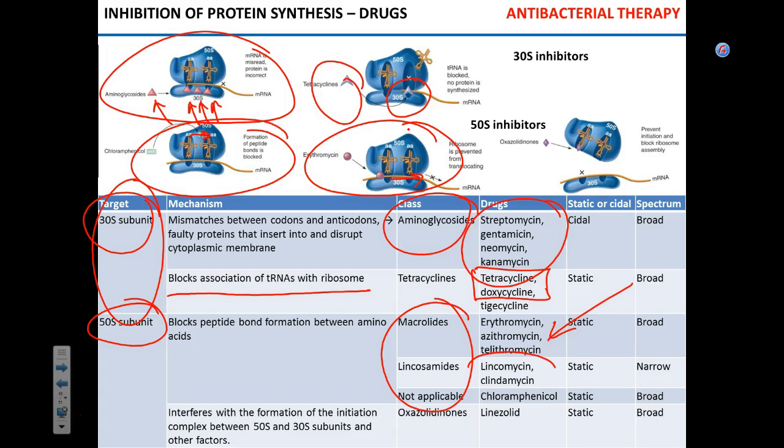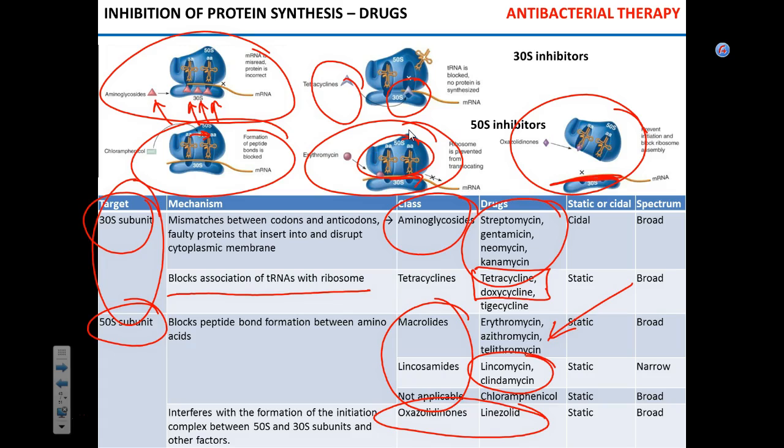Okay, lincomycin and clindamycin, as far as I remember, don't let the tRNA leave. And oxazolidinone, this drug, okay, actually prevents the formation of the initiation complex. See that here?